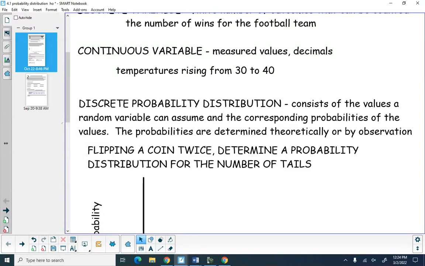So a discrete probability distribution consists of the values that a random variable can assume and their corresponding probabilities. The probabilities are determined theoretically or by observation.